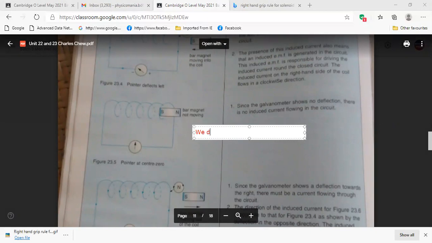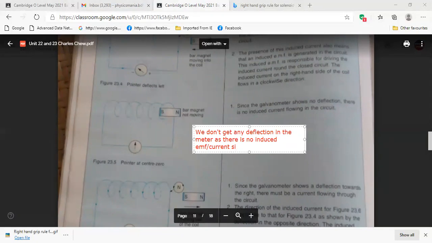We don't get any deflection in the meter as there is no induced EMF or current, since the magnet is stationary.